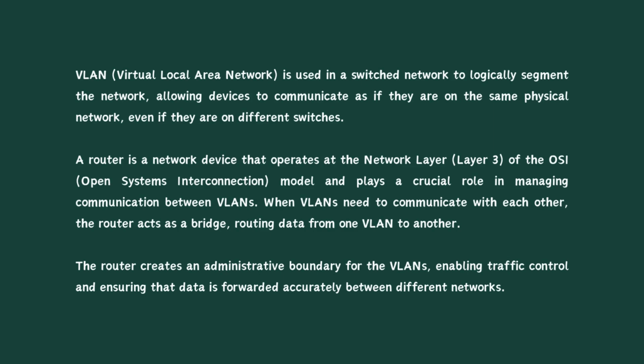A router is a network device that operates at the network layer, Layer 3, of the OSI, Open Systems Interconnection Model, and plays a crucial role in managing communication between VLANs. When VLANs need to communicate with each other, the router acts as a bridge, routing data from one VLAN to another. The router creates an administrative boundary for the VLANs, enabling traffic control and ensuring that data is forwarded accurately between different networks.